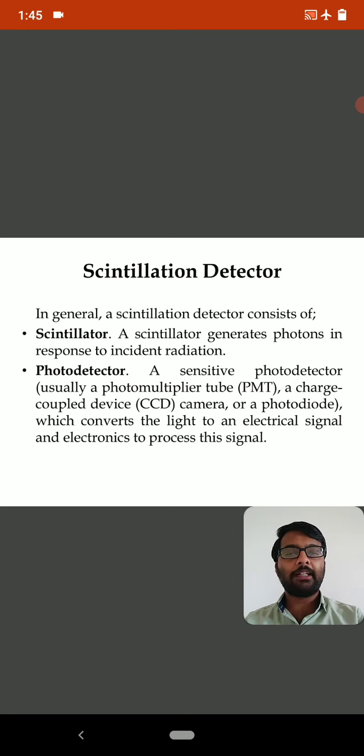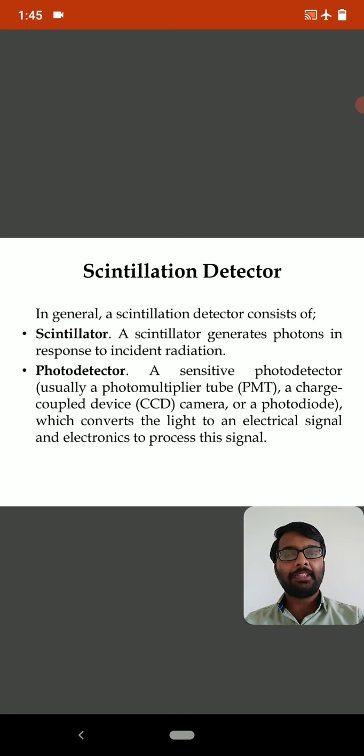The photo detector detects the flashes of light produced in the scintillator. That photo detector may be a photomultiplier tube, PMT, a charge coupled device, CCD, or a photodiode. It may be any one of these.